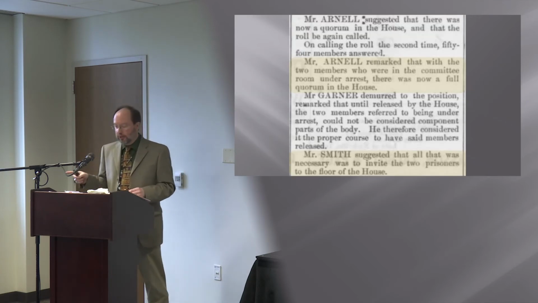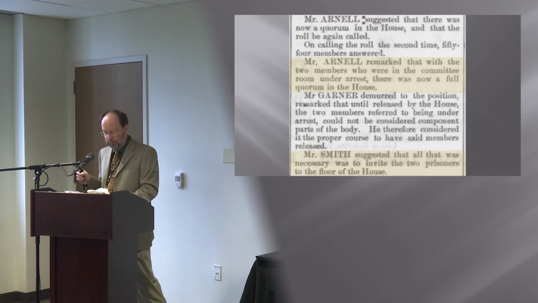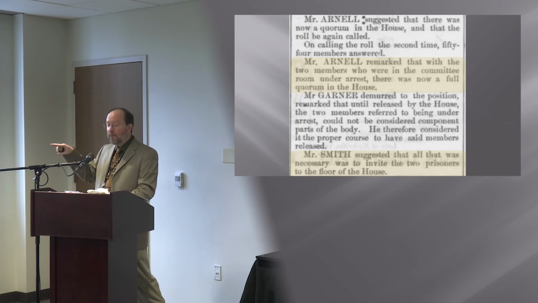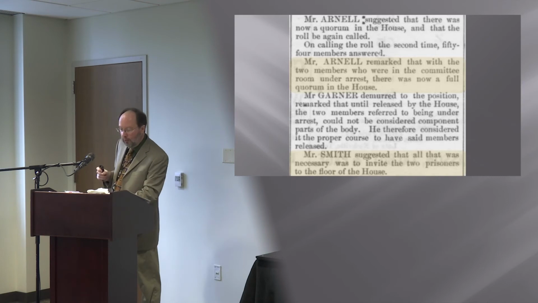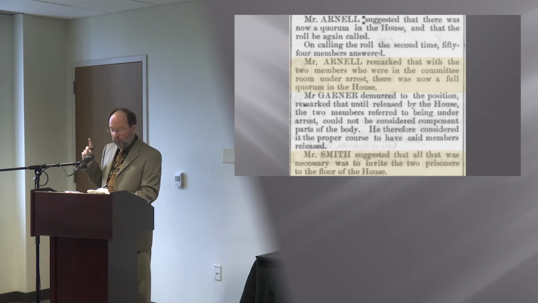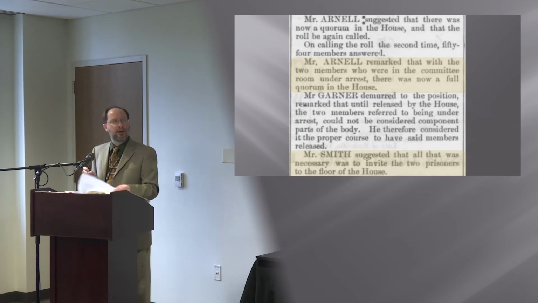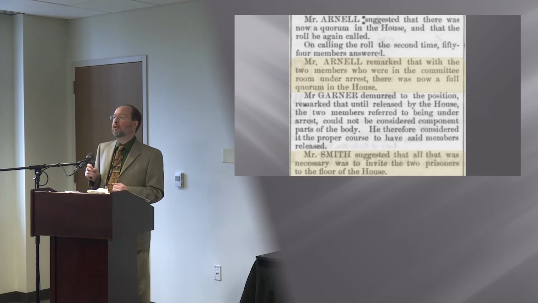The members arrested were locked in the committee room, the rooms that are now the offices of the clerk around the House chamber. Representative Arnell remarked that with the 2 members who were in the committee room under arrest, there was now a full quorum in the House.